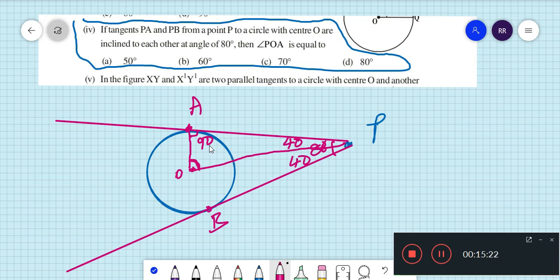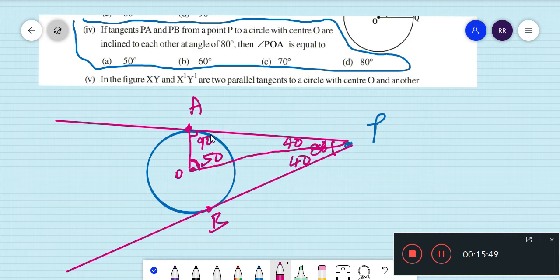So 90 plus 40 is 130. So it becomes 50 degrees, because the total of three angles should be 180. Then it is 90, it is 40, and it will be 50 degrees.